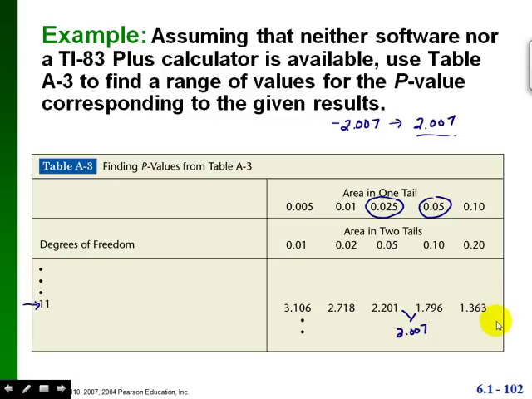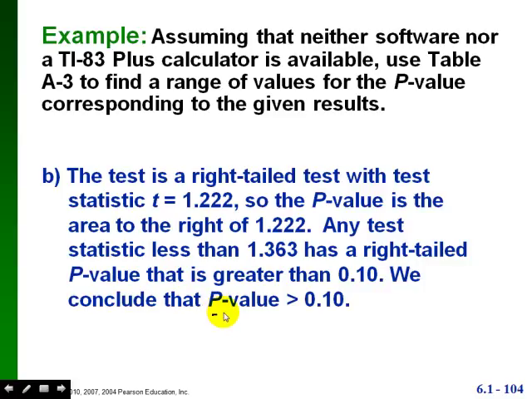So this would be over here to the right of the 1.363. And what that tells us is that our p-value is somewhere from 0.1 up, because notice here these areas are going up, so that means that our p-value is going to be greater than 0.1.